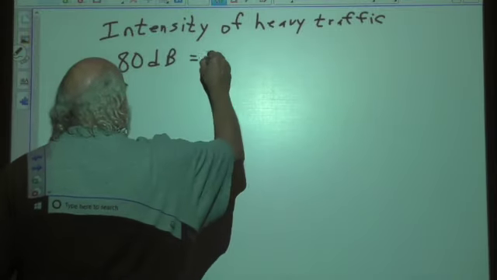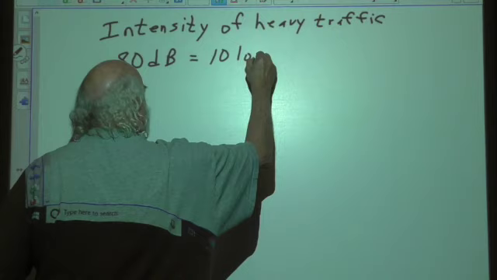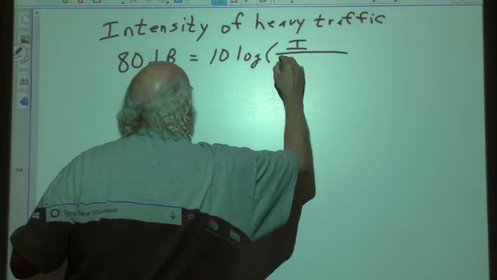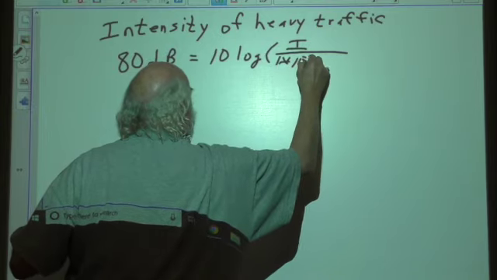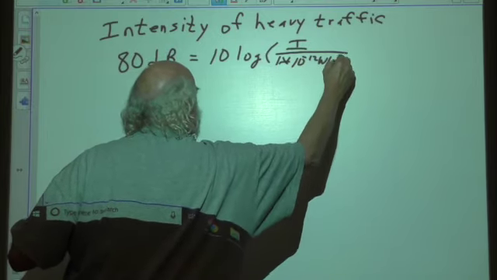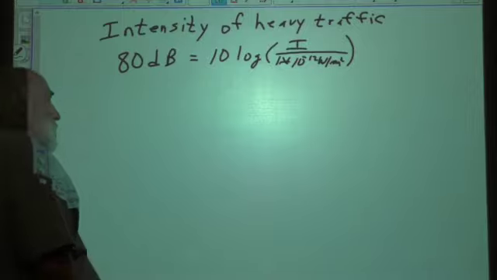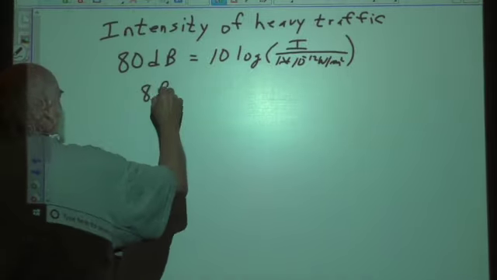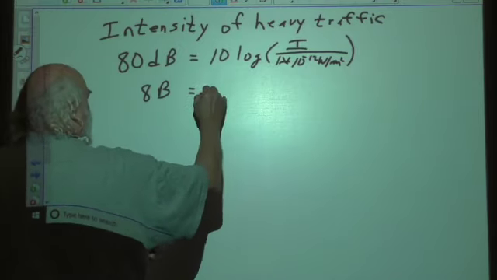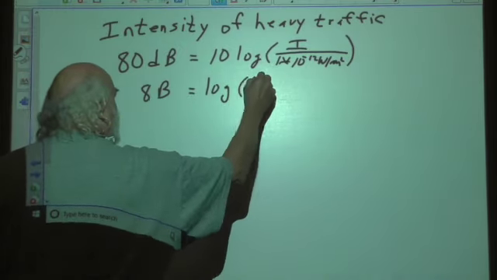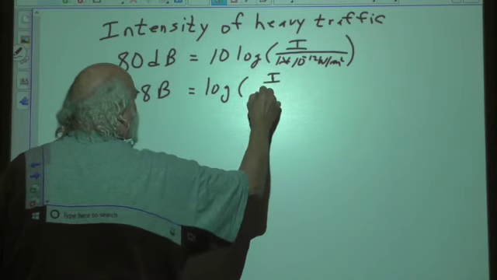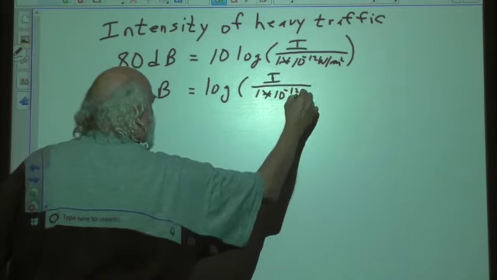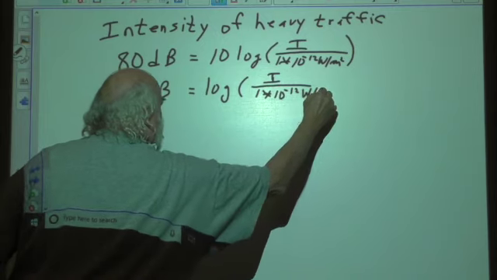We set that equal to 10 times the log of I over 1 times 10 to the negative 12 watts per square meter. So the first thing you do, you divide by 10, and this gives you 8 bells is equal to the log of that unknown intensity over the known intensity for the threshold of sound, 1 times 10 to the negative 12 watts per square meter.